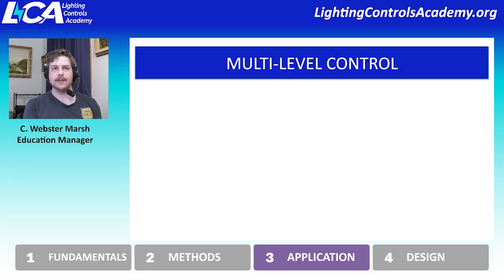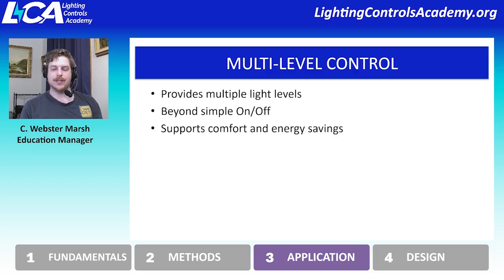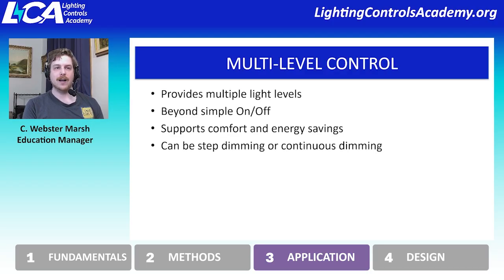Multi-level control, on the other hand, is where we're creating multiple light levels with the control system. It's not just on-off. We're now adding additional steps, so it might be on, 50%, off. It really is for the purpose of creating a comfortable environment, but also increasing our energy savings. You don't always need the fixtures on at full output. You can sometimes get away with 50% or at least a lower intensity than full output.